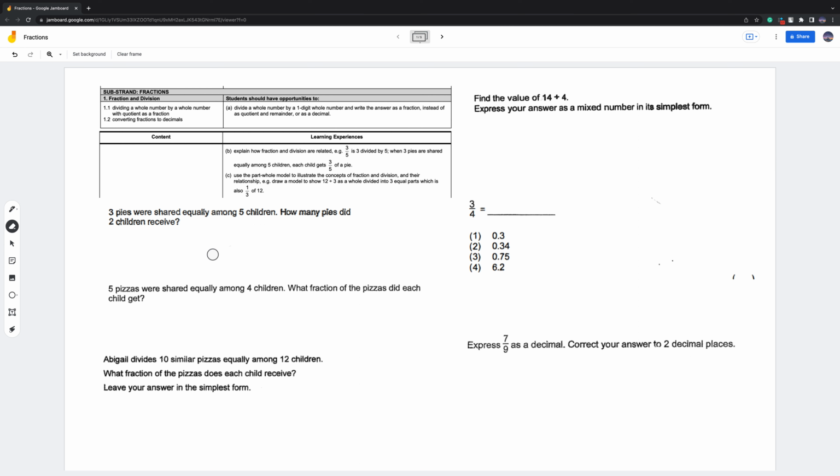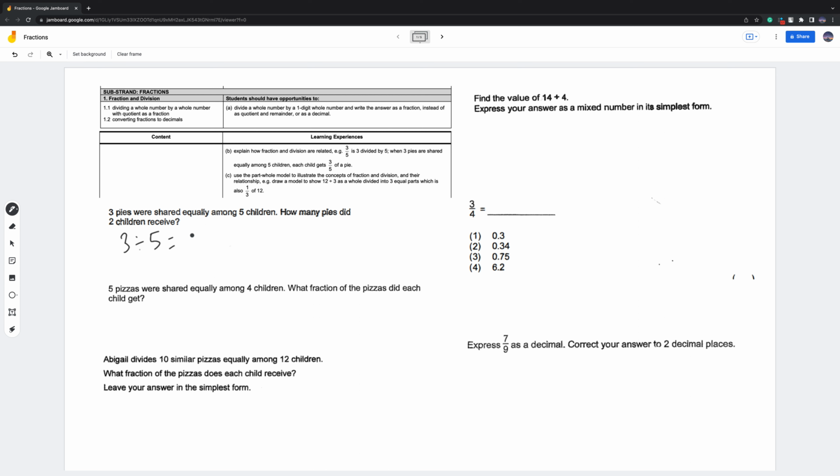And how would that look like? It is something like the first example here. 3 pies were shared equally among 5 children, how many pies did 2 children receive? You can see here, when you have 3 divided by 5, your answer won't be a whole number.